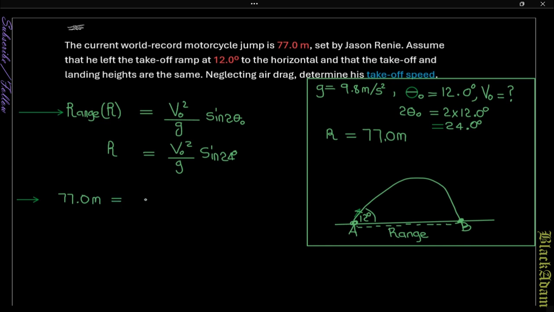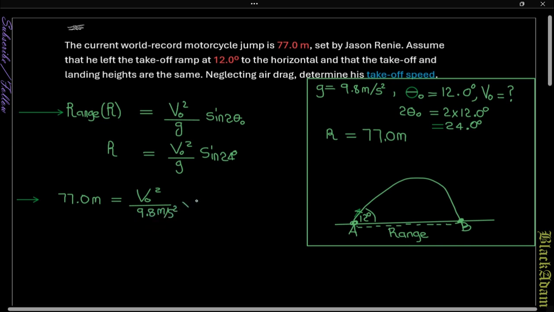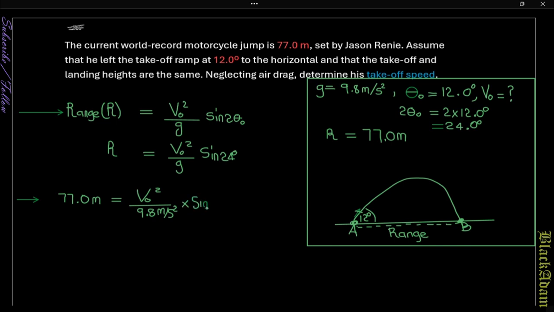So 77 meters is equal to initial velocity squared over gravitational acceleration, which is 9.8 meters per second squared, multiplied by sine 24 degrees. Then we need to make the initial velocity the subject of the formula.